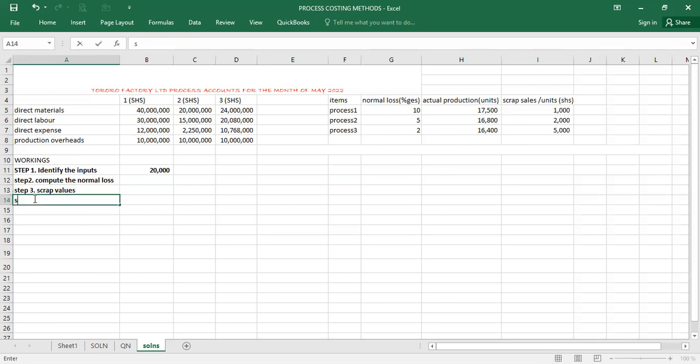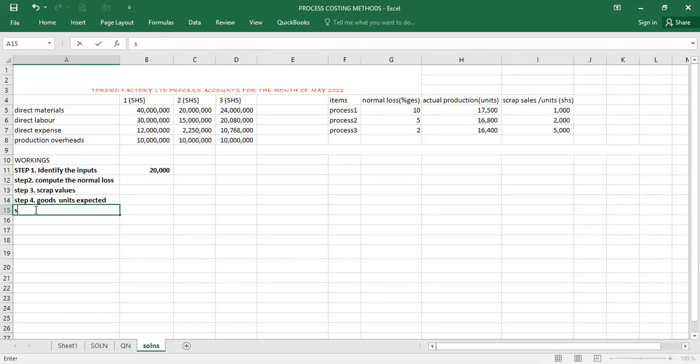Then step 4, where we compute our expected units, the good units. We call them the good units expected.